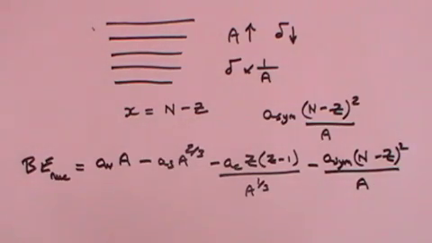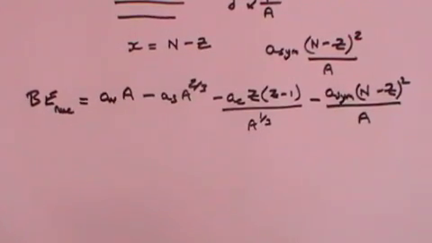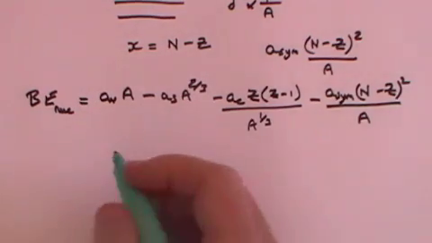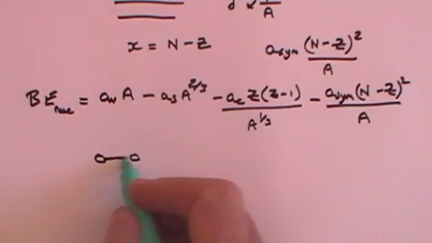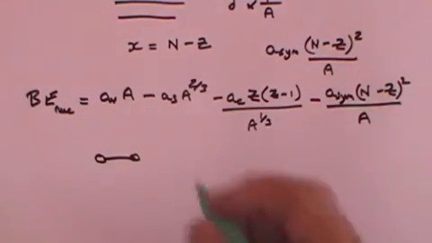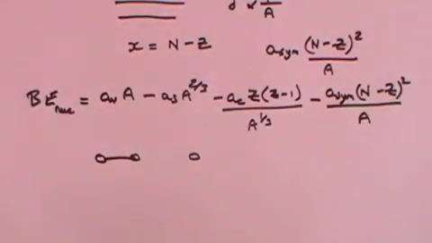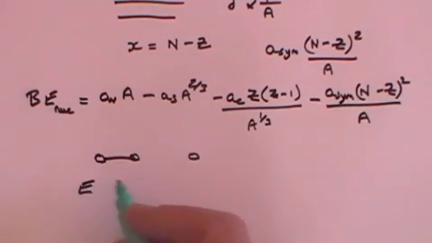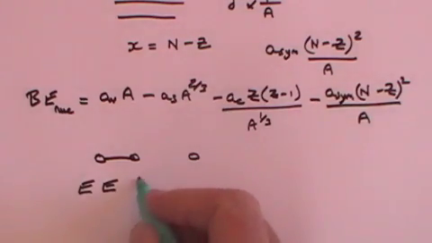Now there is one final term that we need to consider, and that is what's called the pairing term. It turns out that if you've got 2 protons, they form a pair and their binding energy is much greater than if you've got an isolated proton. Similarly for neutrons. So if you've got an even number of protons and an even number of neutrons, they can all form pairs and you get a high binding energy.